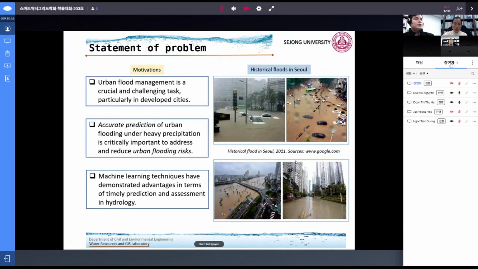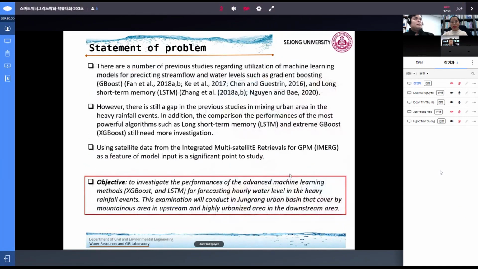In recent years, machine learning techniques have demonstrated advances in timely prediction and assessment in hydrology. I made some literature review here.